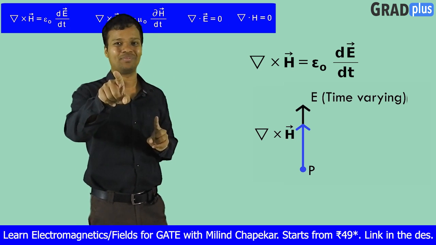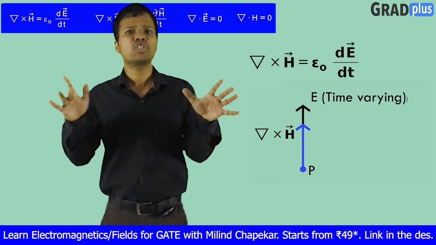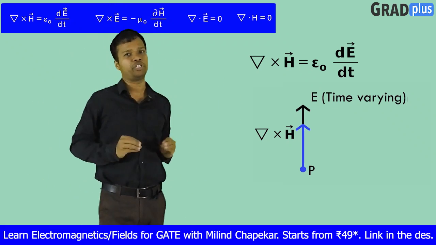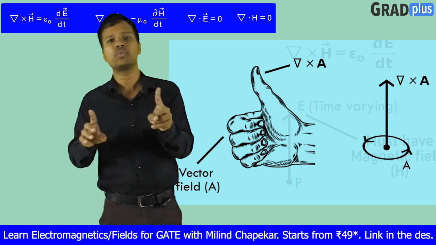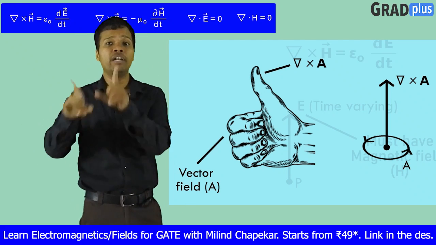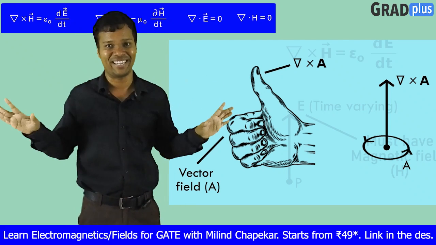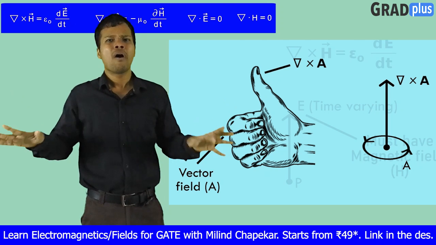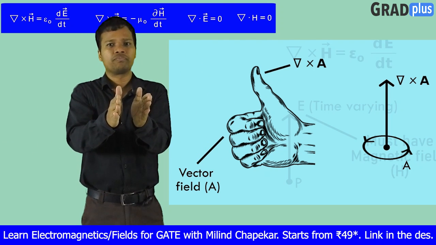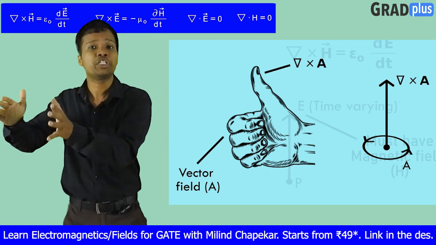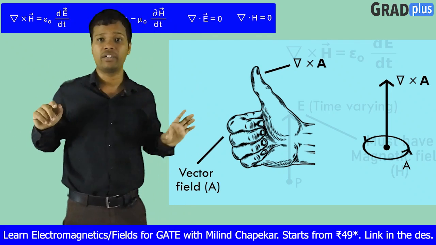Yes or no? Now, my dear, you must be known with the curl operation. Yes or no? You must have seen curl of vector field in your electromagnetics basics. Am I right? Curl operation gives us the circulation, maximum circulation of the vector field.